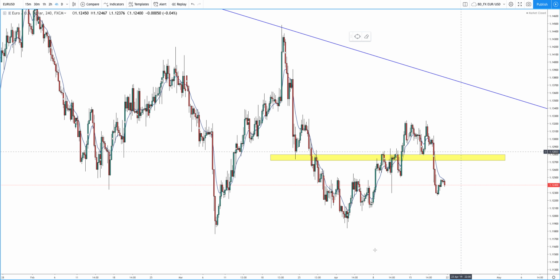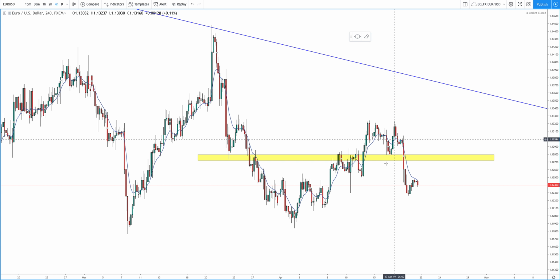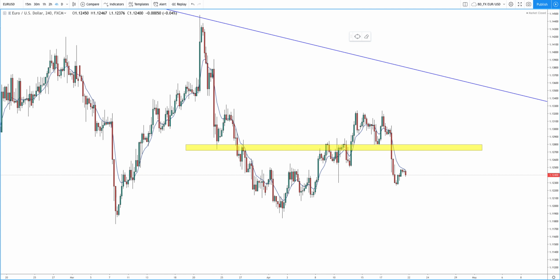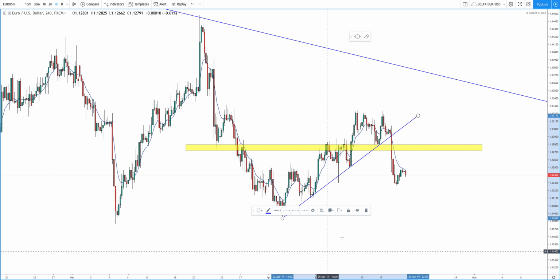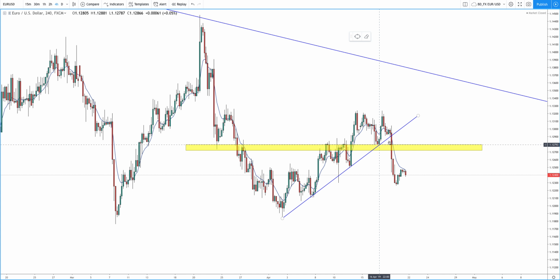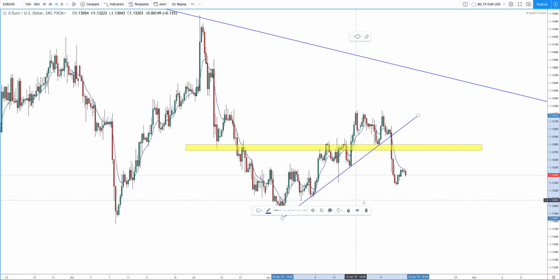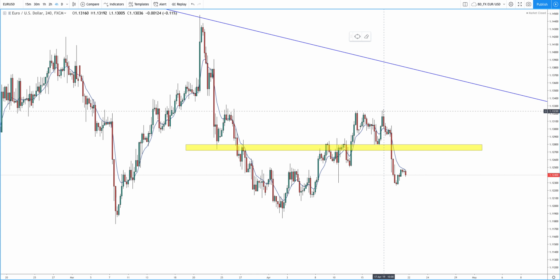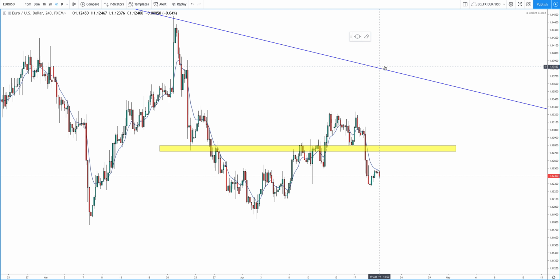Now, I saw some people sending me messages that they actually got in around here, on that retest of that support level. And you can see it came back down to retest this trend line one more time. Now, from here, we had that push higher, and we looked like we were going to break up and go higher and retest that 61.8% retracement that I mentioned and come up towards the trend line.